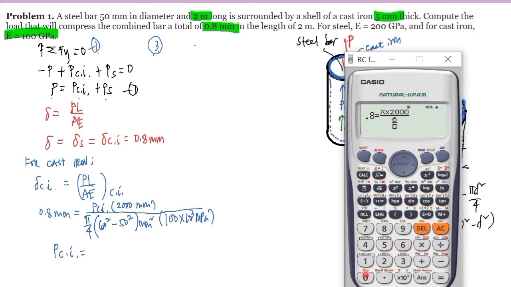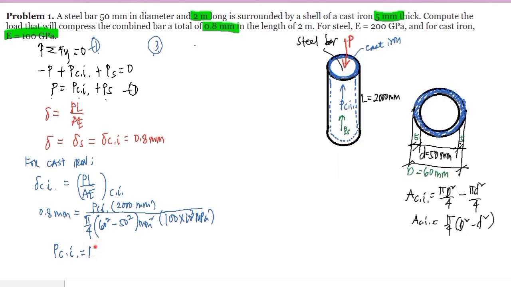We have 60 square minus 50 square over 4 times the modulus of elasticity of 100 times 10 to the 3. Shift solve equals, and we would have 11,000. So we have here 11,000 pi, and your unit here is Newton.